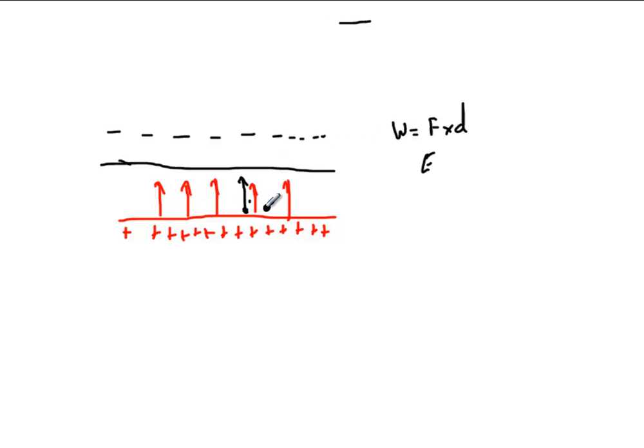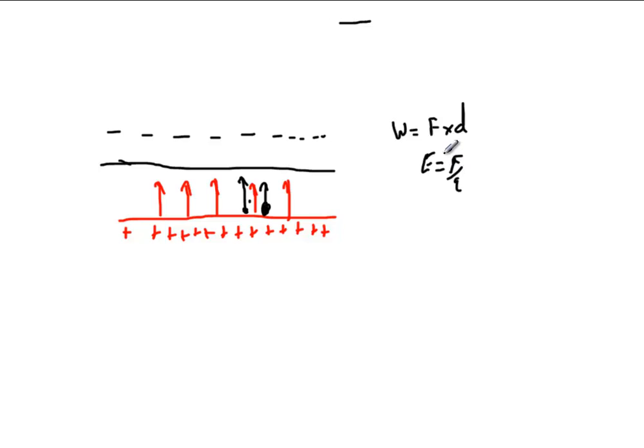So if there were two charges, a bigger one and a smaller one, and we wanted to know how much work it takes to move them, we'd have to do electric field times distance, but it would be different because E equals F over Q, right? So this is the force on the particle divided by the particle.